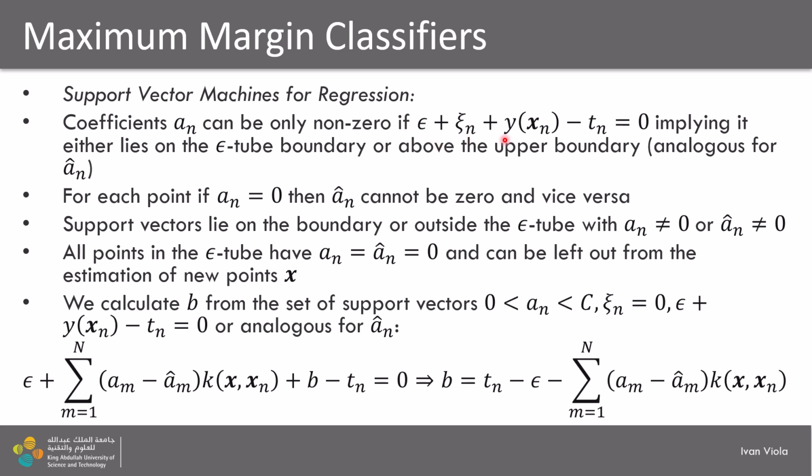Therefore, these two need to be bigger than t_n, and it cannot be 0. It can only be 0 if we are at least on the epsilon tube, then xi_n will be 0, and if we are above the tube, then xi_n will be non-zero in order to satisfy this equality.